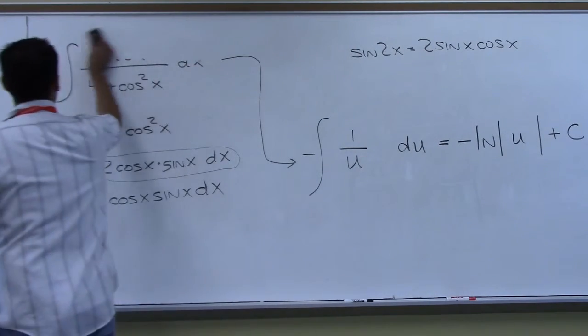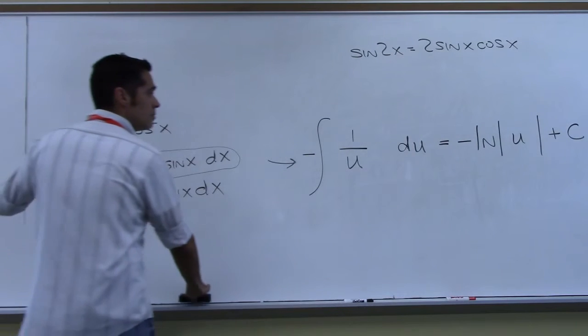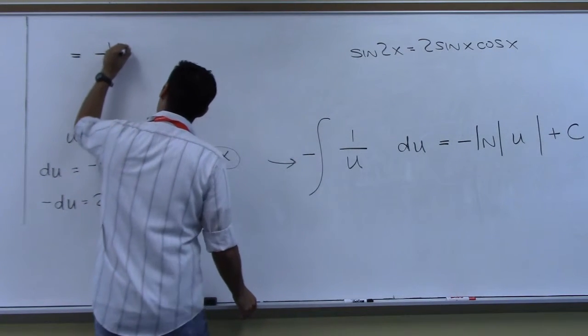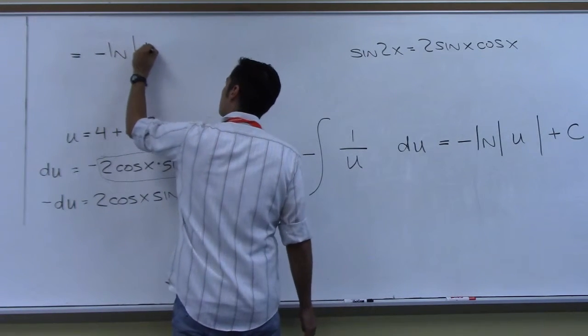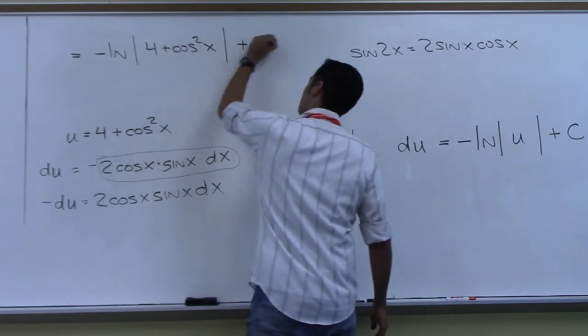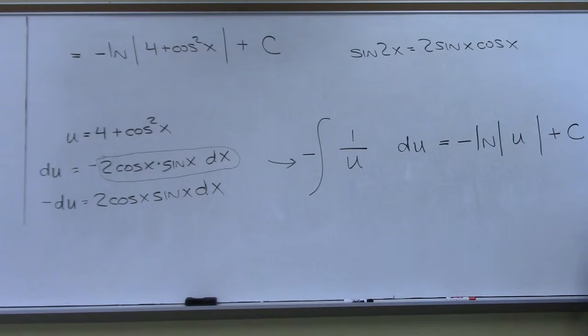Then we will replace the u with what u is in the problem. So this is equal to negative natural log of, what was our u? 4 plus cosine squared x plus c. And that's it.